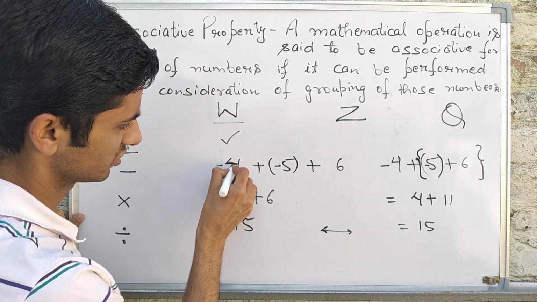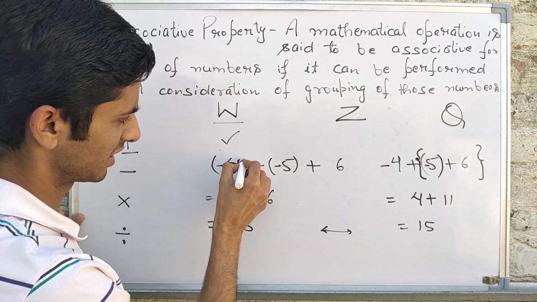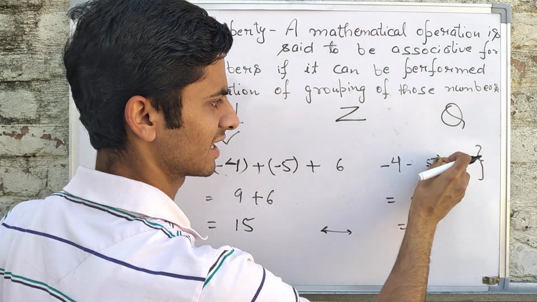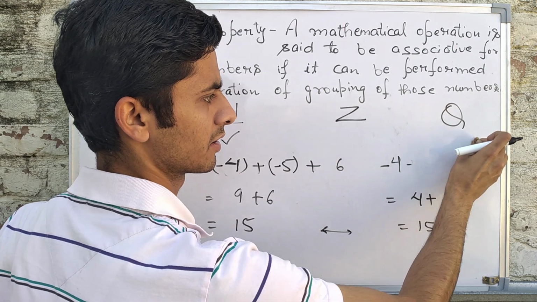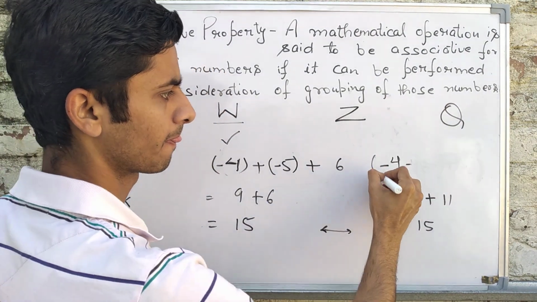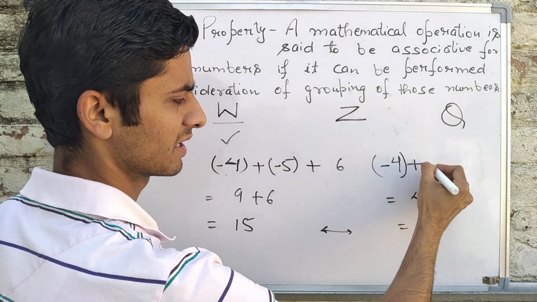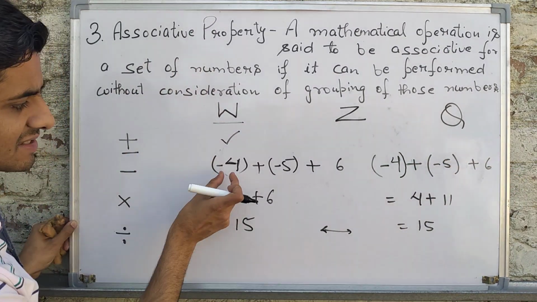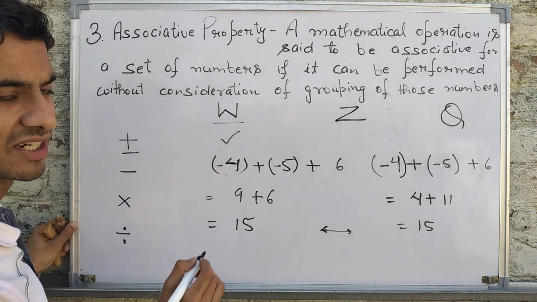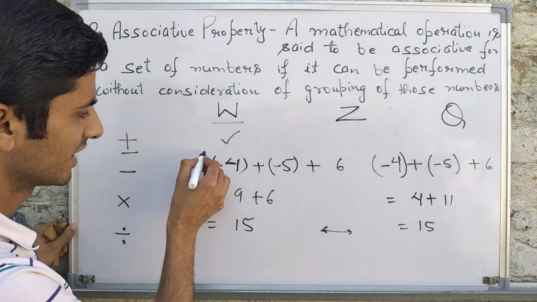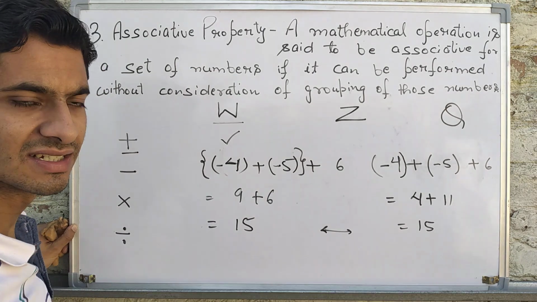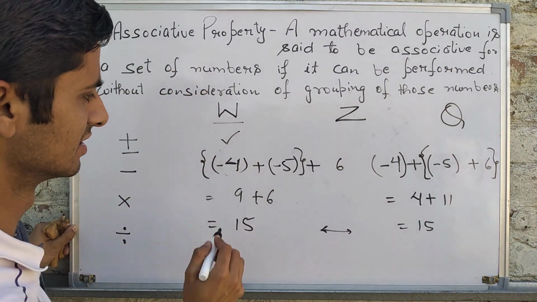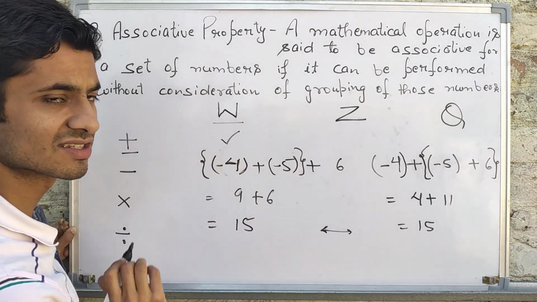This is -4 plus -5 plus 6. This is one integer, this is one integer. Negative integers I have put in bracket. Here I am grouping these two integers. Here I am grouping these two integers. This is simple bracket and this is curly bracket.